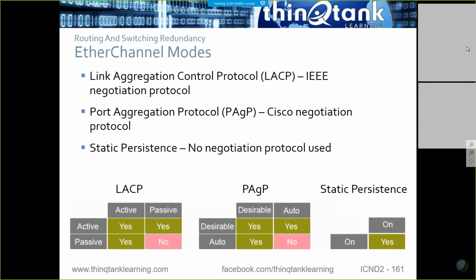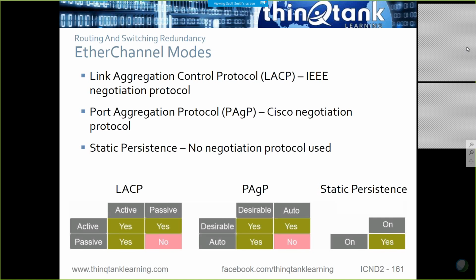Now take a look at the tables down here. If it's LACP, you can see there are 2 modes of LACP, passive and active. Notice if I go active to active, the ether channel will form. If I go passive to active, the ether channel will form. But if I go passive to passive, the ether channel will not form.